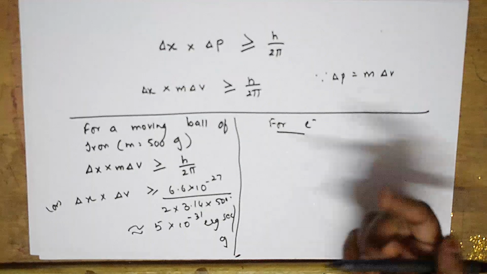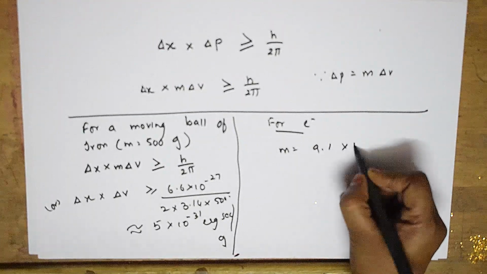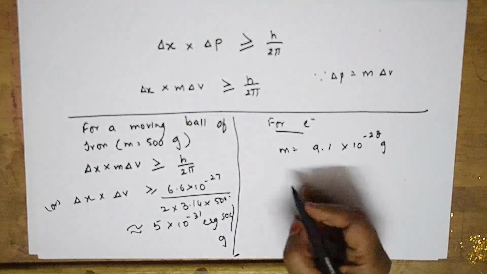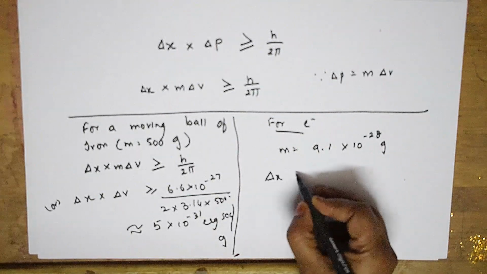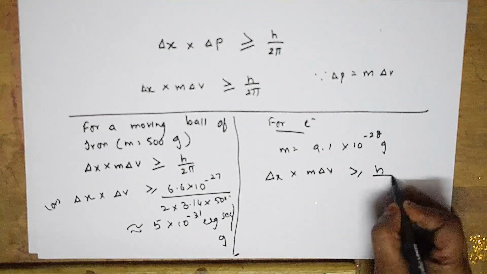Now, if I go with an electron, what is the mass of the electron? 9.1 into 10 to the power of minus 28 grams. Minus 28, not kg either. Same thing, delta x into m delta v is greater than or equal to h by 2 pi.